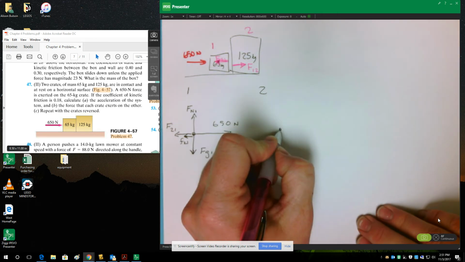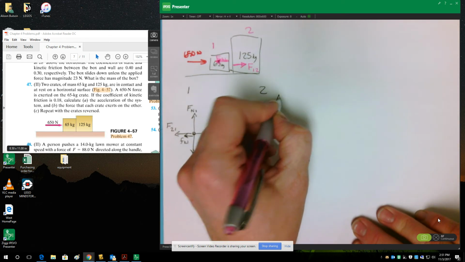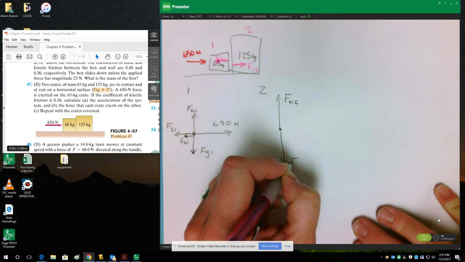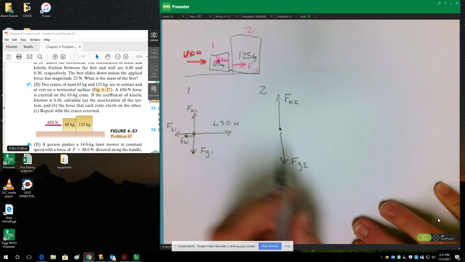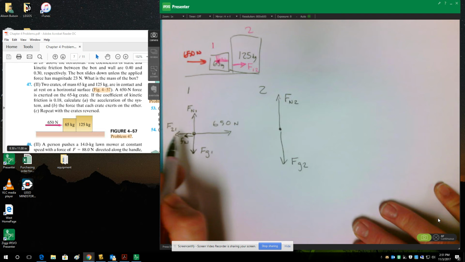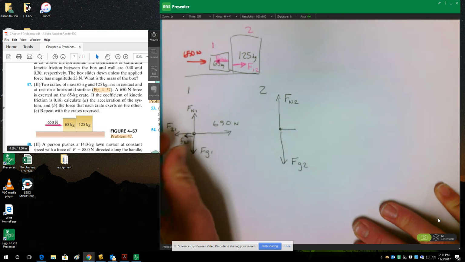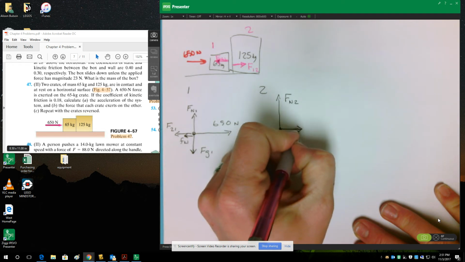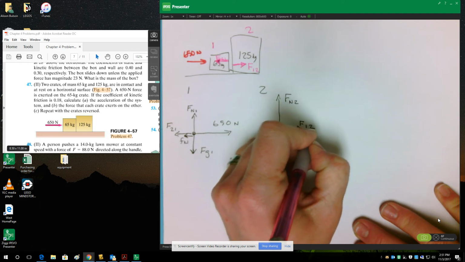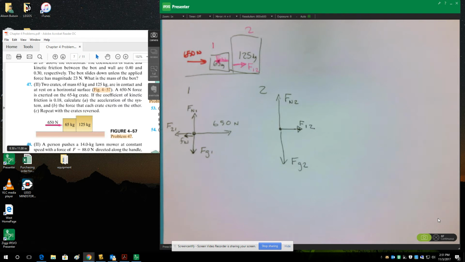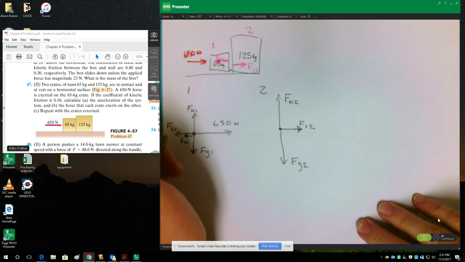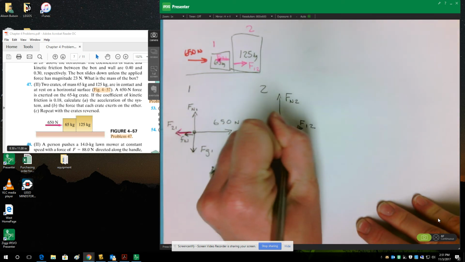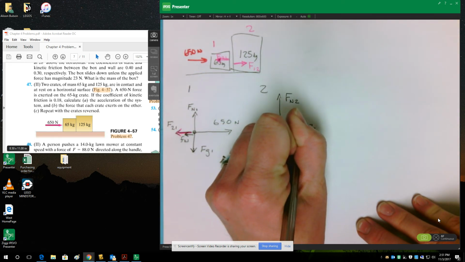I then consider block 2. It has a normal force, bigger because it has more mass. It has a pull of gravity, bigger because it has more mass. Then F21 has an action-reaction pair, and I'll try to draw that with equal length. F1 on 2 is equal and opposite, an action-reaction pair, to F2 on 1, and we should figure out a way to highlight that because we want to be super clear that that's Newton's third law happening there.